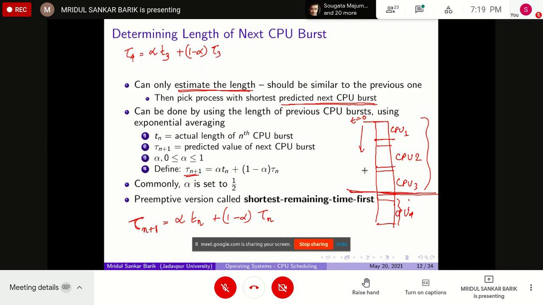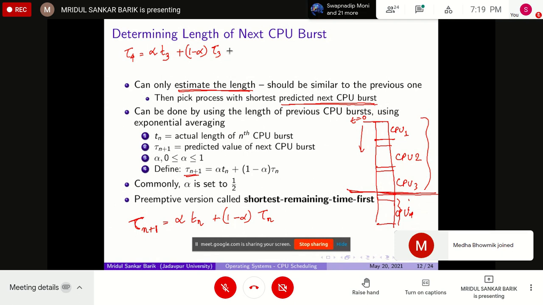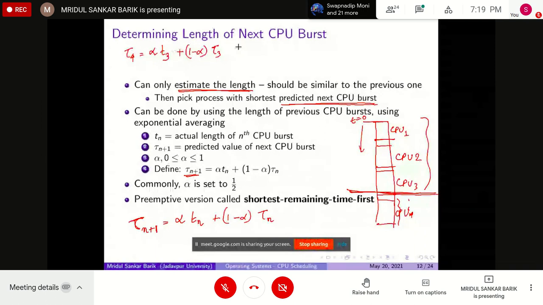Because see, this happened before as well, when we tried to predict the third CPU burst. So the predicted length of the third CPU burst was tau 3, but actually it was T3. Similarly, tau 3 was predicted in terms of the previous CPU burst, so tau 3 was equal to alpha into T2 plus 1 minus alpha into tau 2.